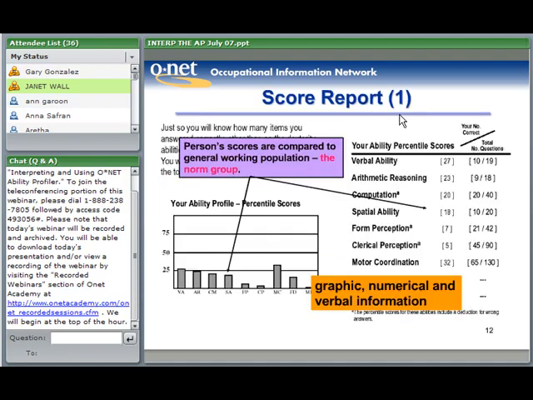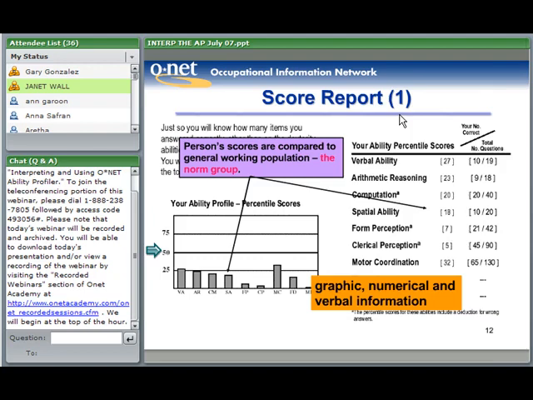All right, there's a score report that is generated for every individual who takes the ability profiler. And there's a whole bunch of information on that score report, and we're going to work through the various aspects of it. You can see that the information that a person gets comes in graphic form.